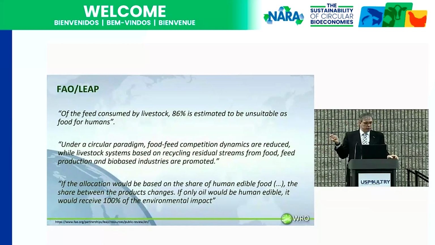Of the feed consumed by livestock, 86% is estimated to be unsuitable as food for humans. You think that somebody can live over grazing a field? Nope. Grazing, if you are raising cattle, it's grass. It's not food. There is no competition.